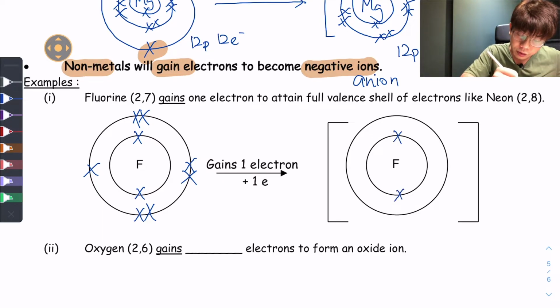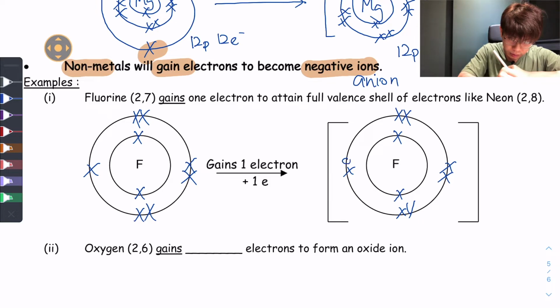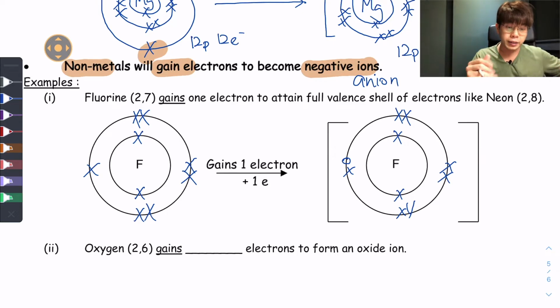These are the original electrons, and then the outside electron comes in. I'll use another symbol, a circle. So I have 7 valence electrons that are original and 1 valence electron from the outside, and that makes my full valence shell. I gained that 1 electron.